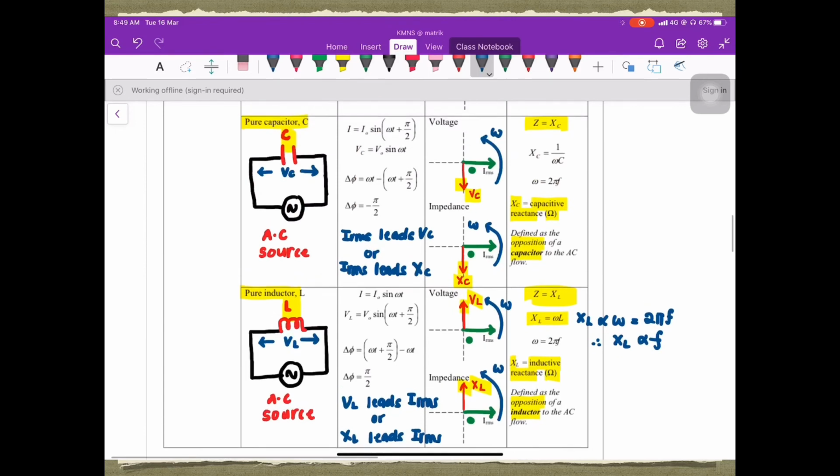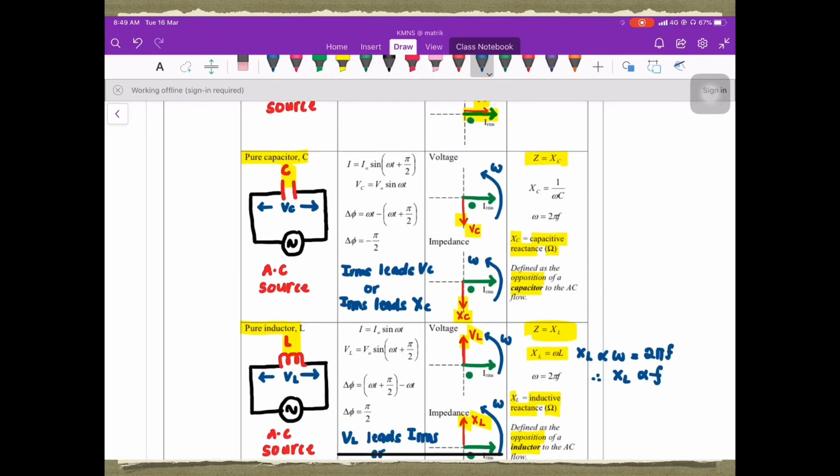Then, for the capacitive reactance, the equation is XC equals 1 over omega C, meaning XC is inversely proportional to omega, equal to 2 pi f. Therefore, XC is inversely proportional to the frequency.